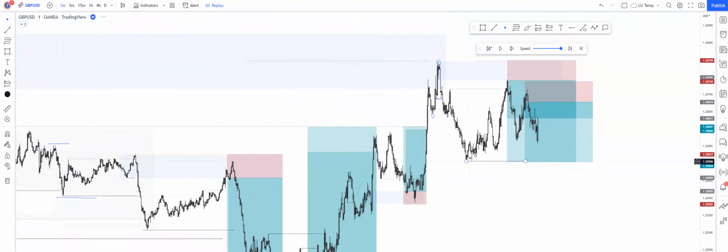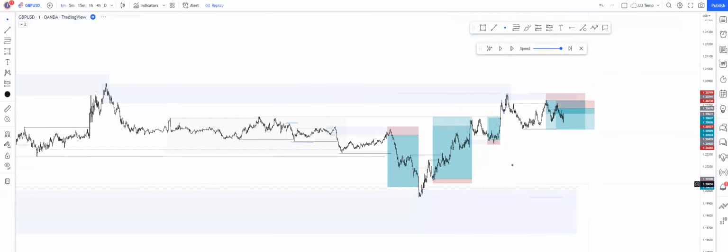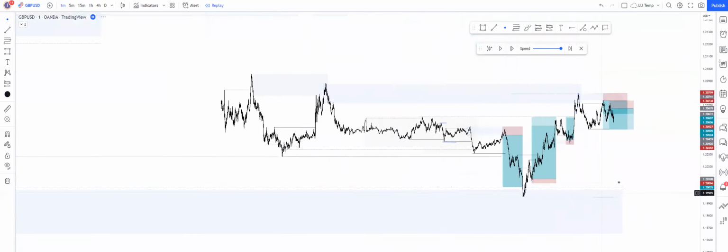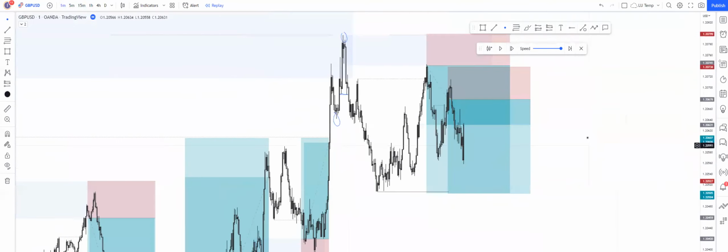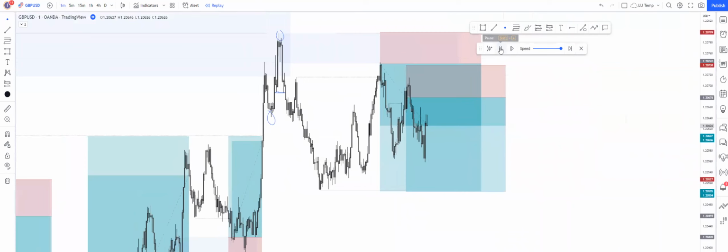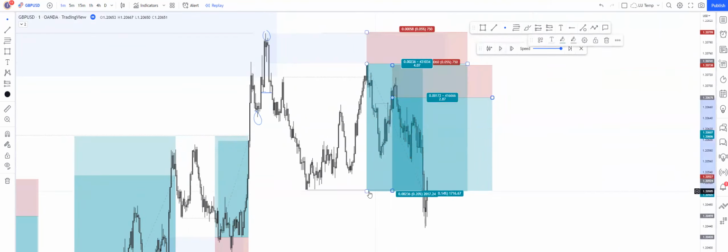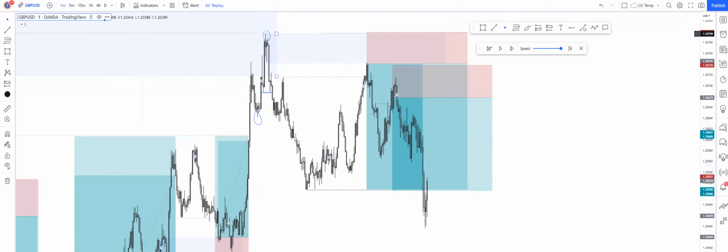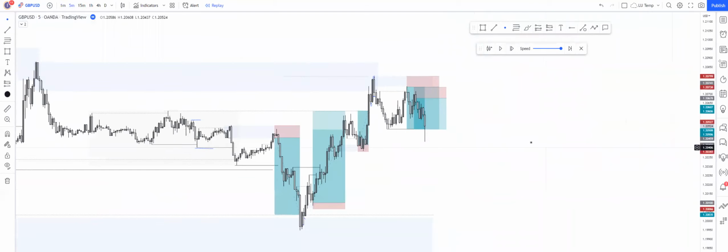Now I'm not aiming for this low. If I was aiming for only this low, I wouldn't take this. It's just not worth the risk. So I took it because we're aiming for all the way down here. All right, so it pays out. Nice. So now we just took out this range. That's taken.